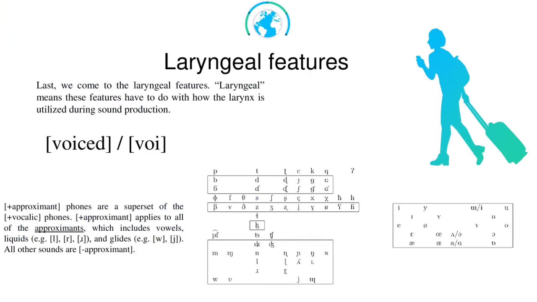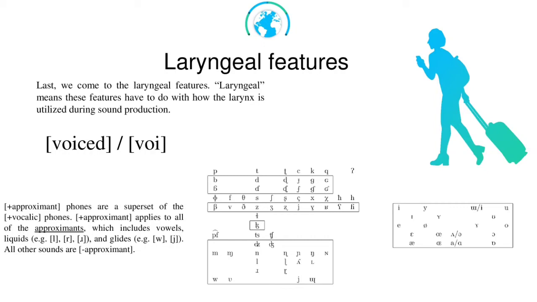And we come to the last feature, which is laryngeal features. It means this feature has to do with how the larynx is utilized during sound production. The first is voice. Then approximant: phones that are plus approximant are a superset of the vocalic phones.